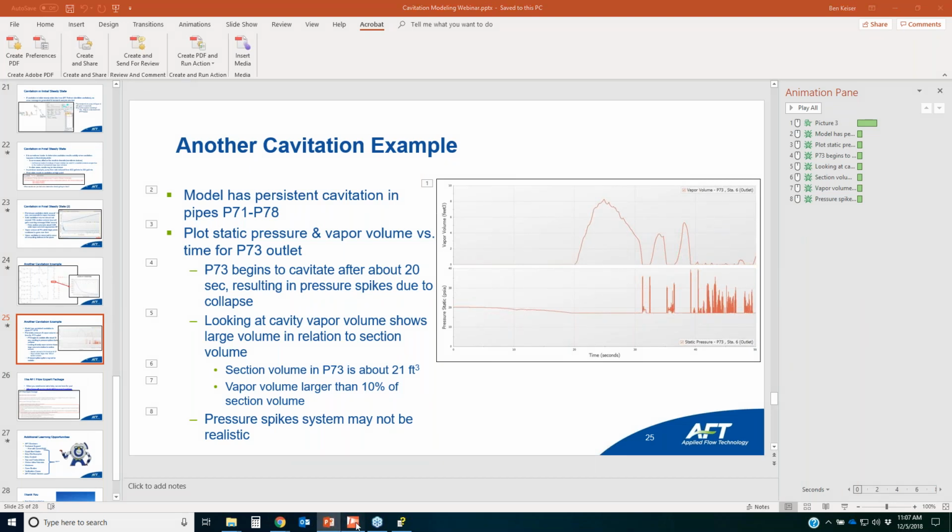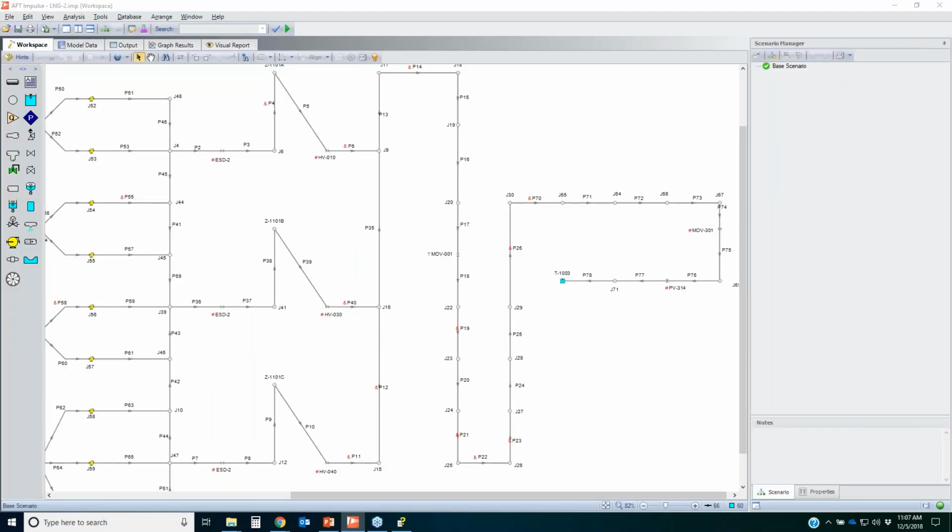In this model here, where's pipe 73? It's right there. It's between these two junctions. That's where you have the largest amounts of cavitation, and your valve closes right here. So this is a situation where your valve closes way here, but your cavitation happens much further away in your system. It's happening in this area of the model.